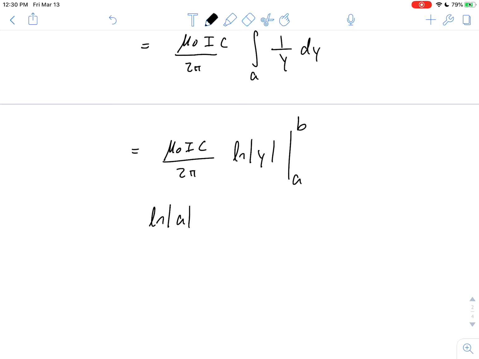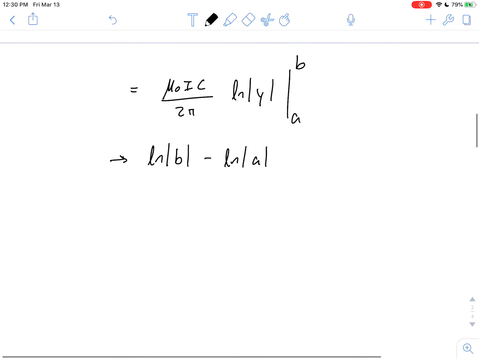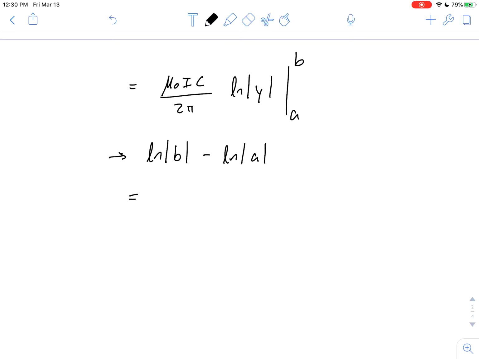So this doesn't equal this. Natural log of a, top limit first. So natural log of b minus natural log of a. And there is a log identity where you can make that equal to the natural log of b over a.